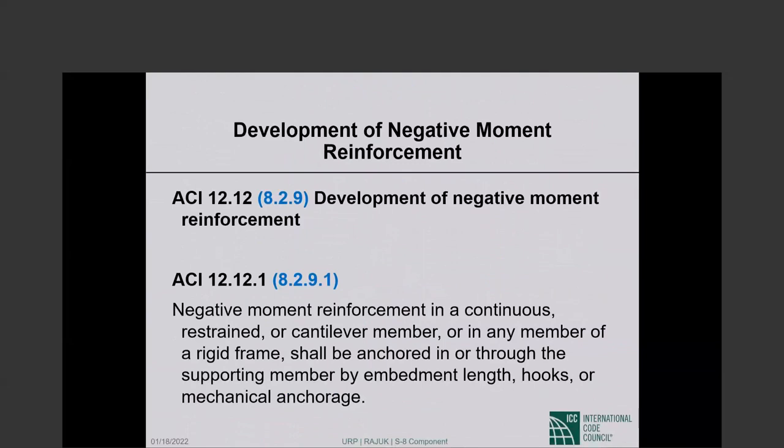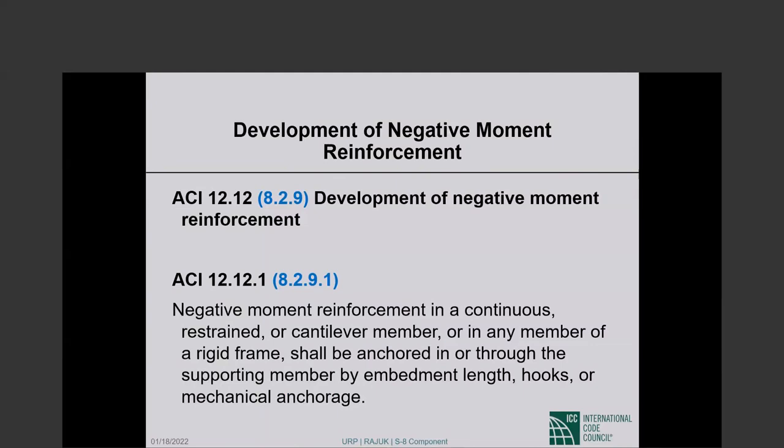Now, development of negative reinforcement. I don't think you ever suspected that this development is such a problem, but ACI has very systematic requirements, and this is all because of problems that have been observed in testing. That's the basis. Okay, so development of negative moment reinforcement.